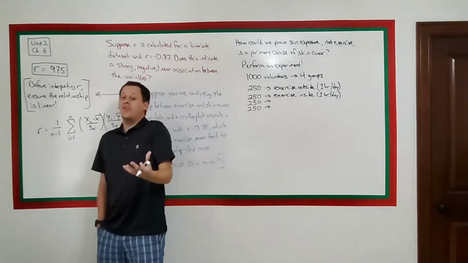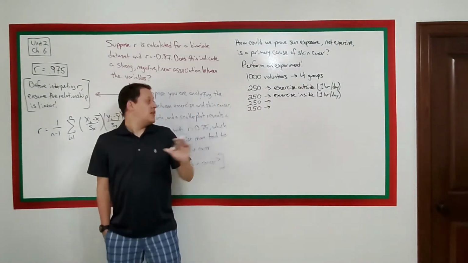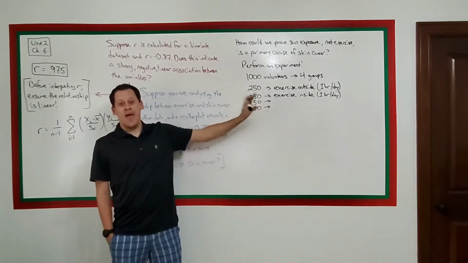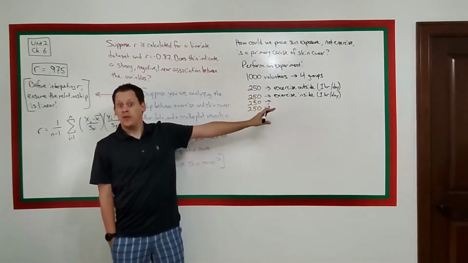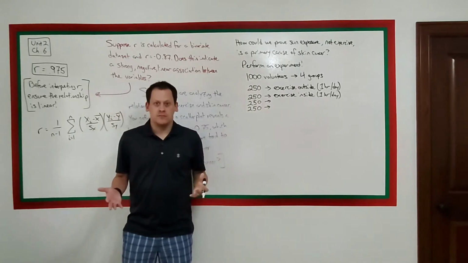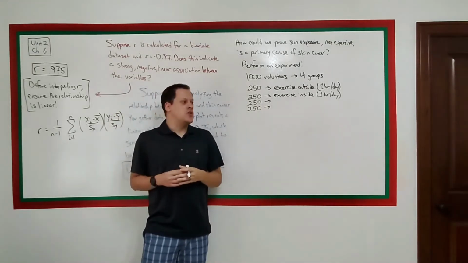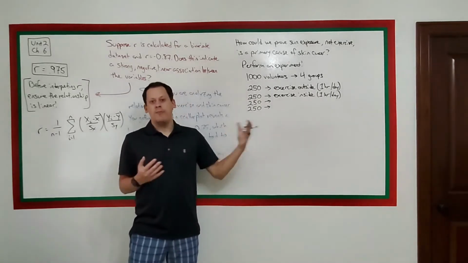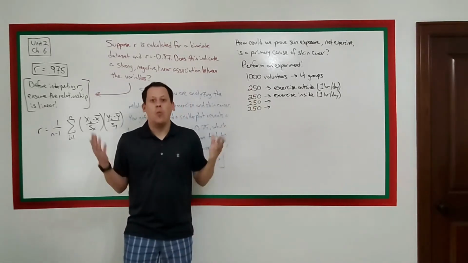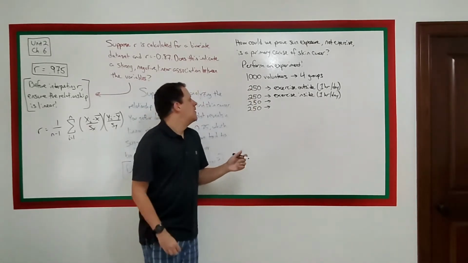So, depending on the level of control we want to have, we could ask these people to do the exact same exercise regimen. And that might be a good idea. So maybe you walk around for half an hour and then you go play at a local basketball court for half an hour. Whatever, something. Doesn't really matter. Okay?